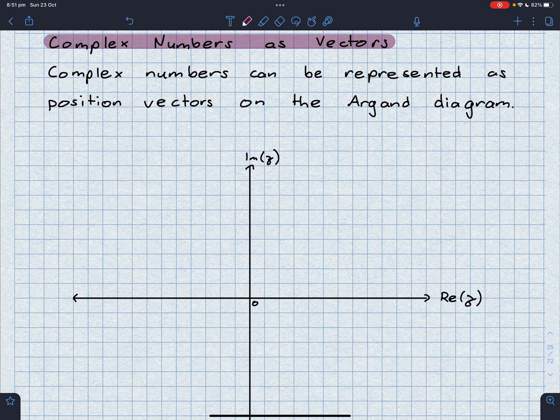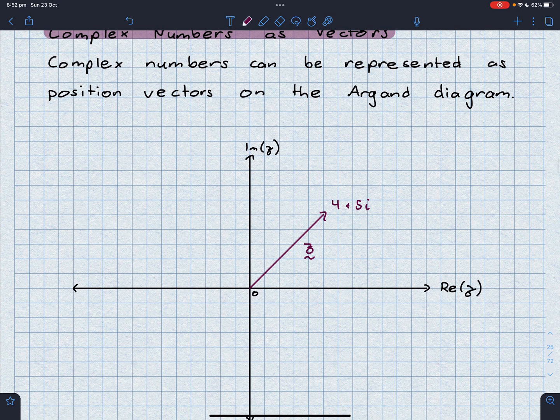So if I have my complex number z, the vector form would be to put a little squiggle or a tilde underneath. When I write it as an arrow vector, I'm talking about the position of the complex number. Let's say this was 4 plus 5i. This is the position vector.